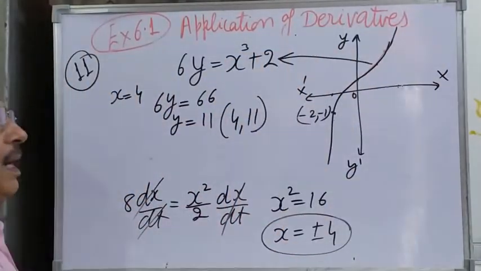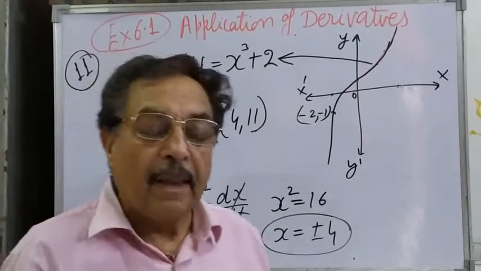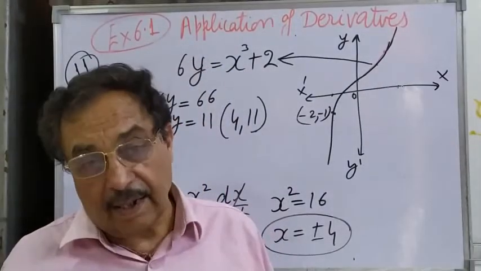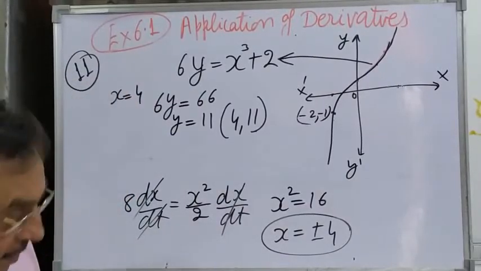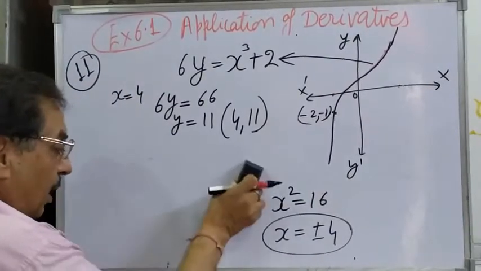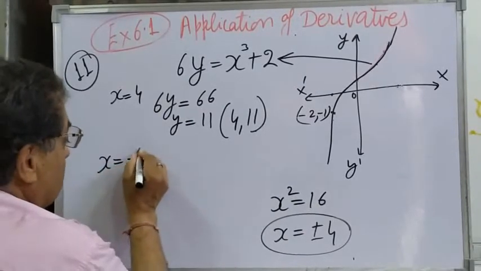That is the point 4, 11 somewhere here. At that point, the rate of change of the y coordinate is 8 times that of the x coordinate. Now let us go for the second point. For getting the second point, I take x is equal to minus 4.